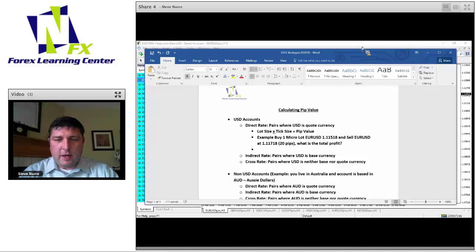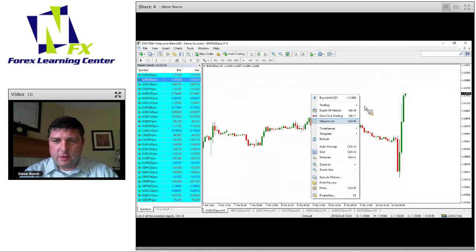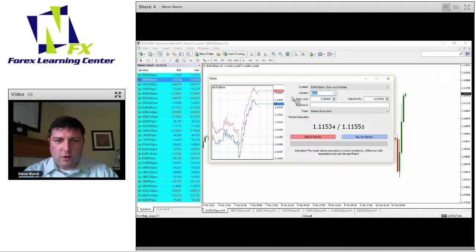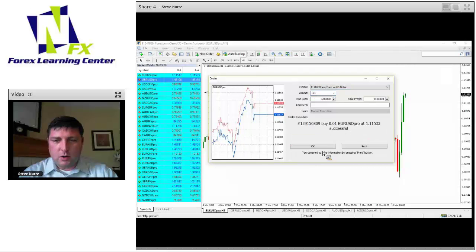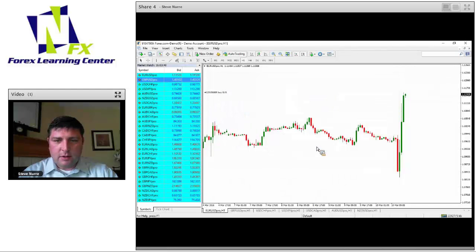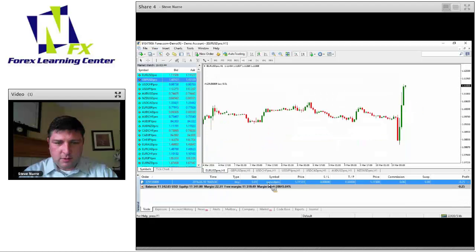If we did want to execute that, we won't get the exact price, but if we put in a new order on a standardized account, it would be 0.01. This is on the MetaTrader 4 platform. You click on buy for 0.01, and that would put you into what we call a micro lot.